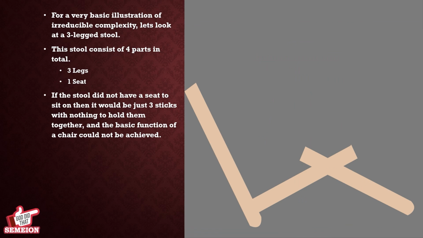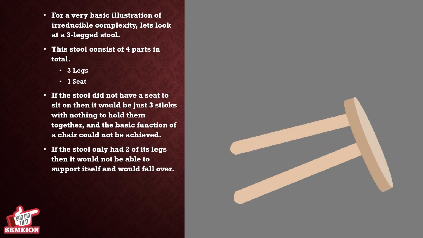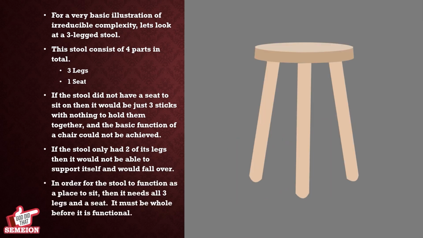If the stool did not have a seat to sit on, then it would have just 3 sticks with nothing to hold them together, and the basic function of a chair could not be achieved. If the stool only had 2 of its legs, then it would not be able to support itself and would fall over. In order for the stool to function as a place to sit, then it needs all 3 legs and a seat. It must be whole before it is functional.